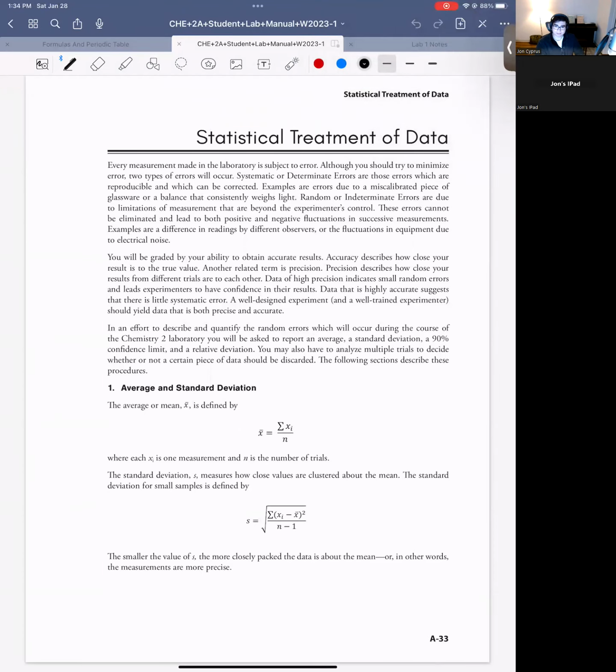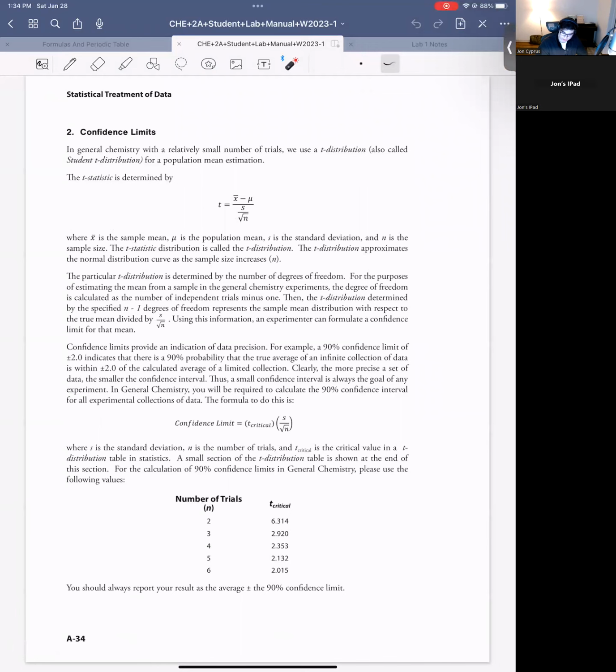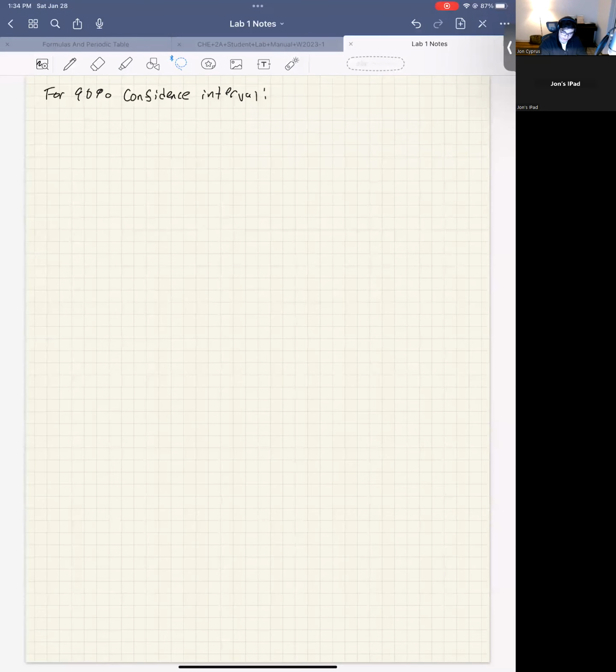There's your average formula, there's your standard deviation formula. I just explained what those are. Now we're going to be using this confidence limit one. This one, do not worry about it. This one is what we're going to use for the 90% confidence limit, since that's what they give us. So I'm going to copy and paste this and use this.